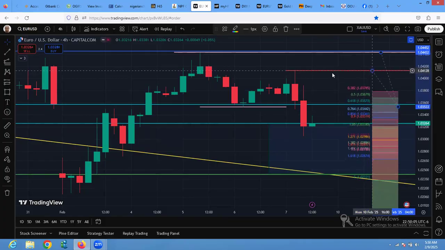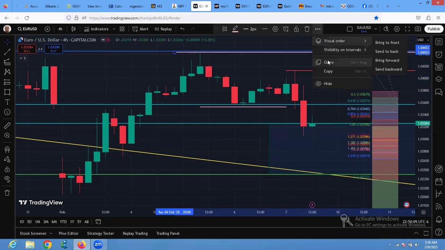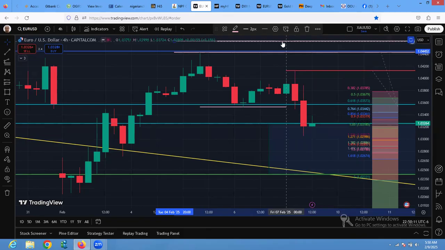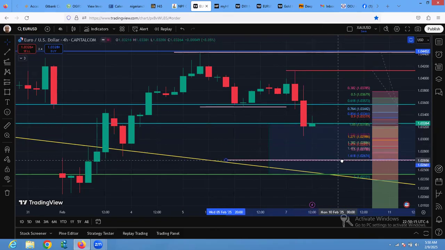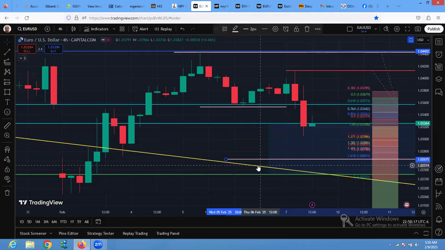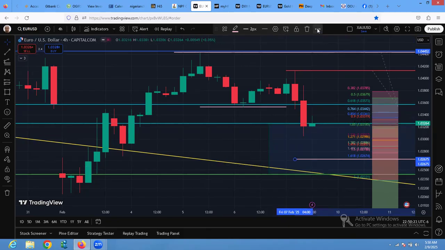This is on the 4-hour. So it means that you should see your price not testing lower than this area before it pushes back up. That's 1618. That's 1618. You should be ready.